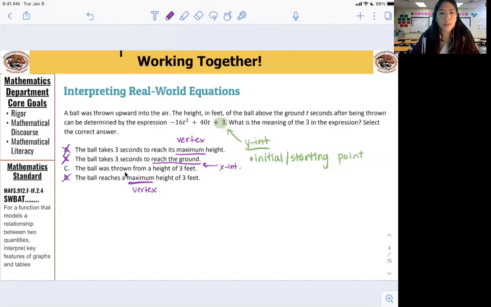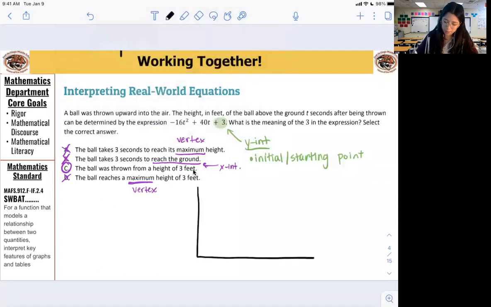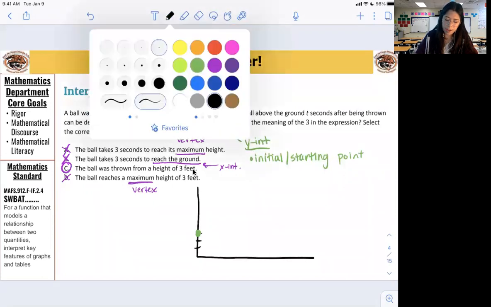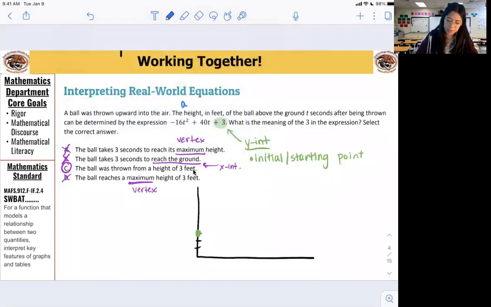It's C. The ball was thrown from a height of 3 feet. That's what we're talking about, because, and you can always kind of sketch it out. We can sketch it out a little bit. 1, 2, 3. That's the y-intercept. If I know that A is negative 16, what does that tell me about my graph? It's facing downward.